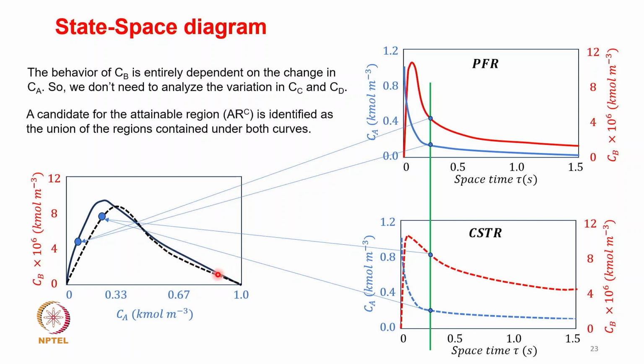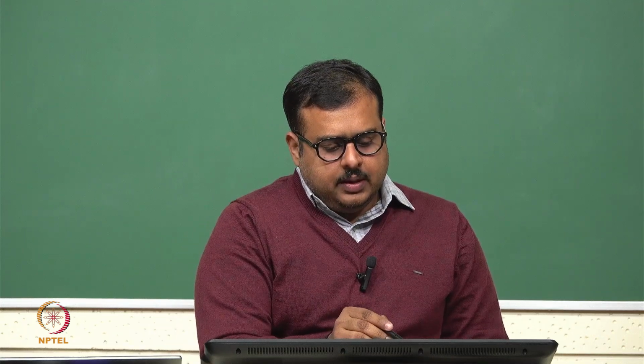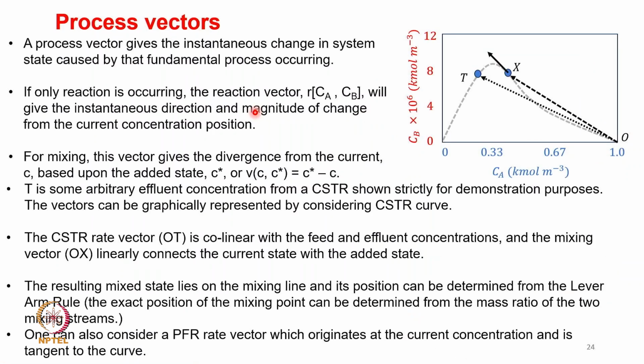The union of both of them can be a starting point, what we call the candidate attainable region, represented by ARC.